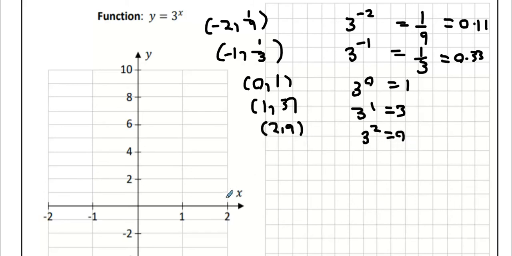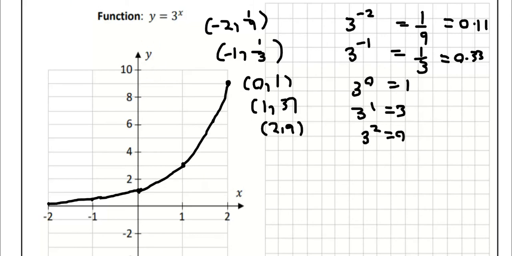So I have to draw these: 2, 9; 1, 3; 0, 1; minus 1 is 1/3, so roughly 1/3 of the way up, and minus 2 much closer. Once again forgive my wobbly hand, but we can see it's curving upwards.